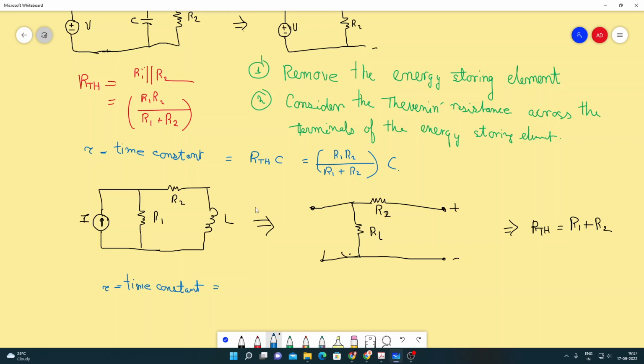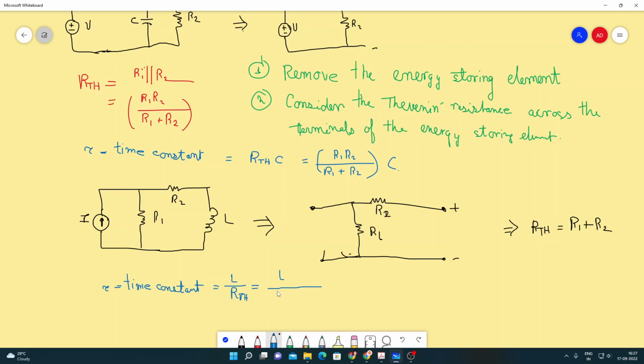It's simply L by R, that is L divided by RTH.